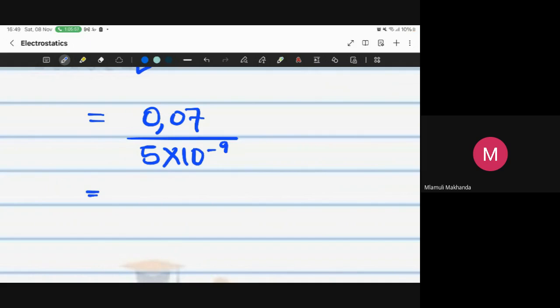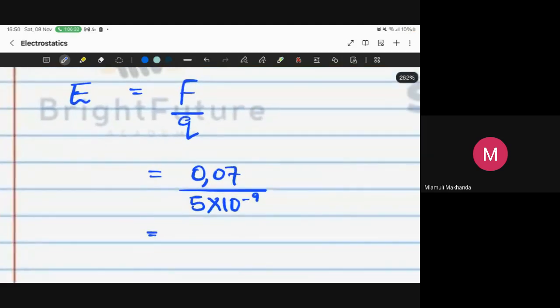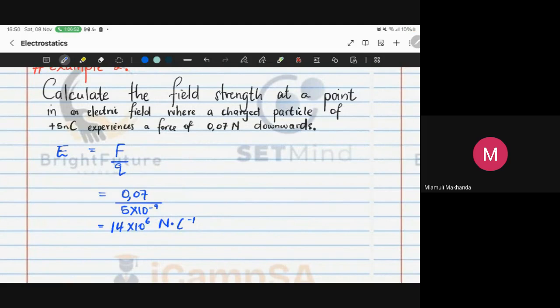Let us see. 0.07 divided by 5 to the power minus 9 would give us 14 times 10 to the power 6 newtons per coulomb. So that is the electric field.